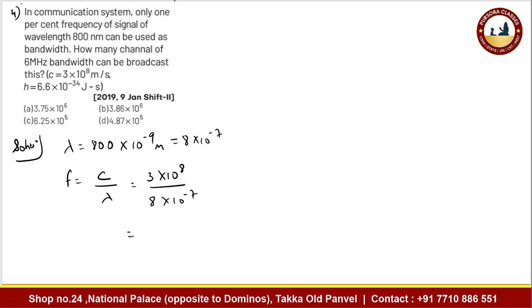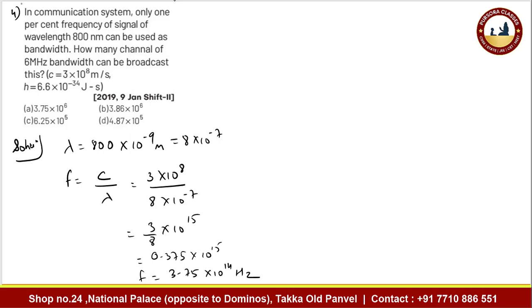So that will be 3 by 8 into 10 raised to 15. So 3 by 8 is 0.375 into 10 raised to 15, or you can write 3.75 into 10 raised to 14 hertz. This is the total frequency of the bandwidth.